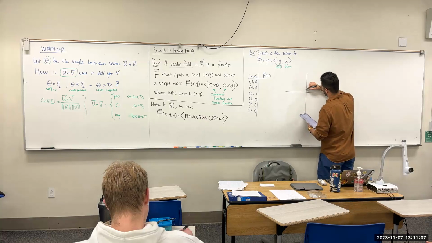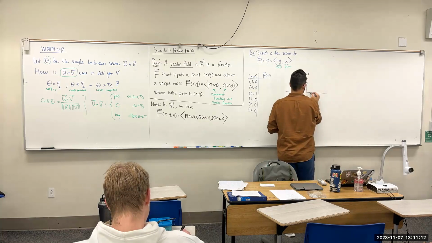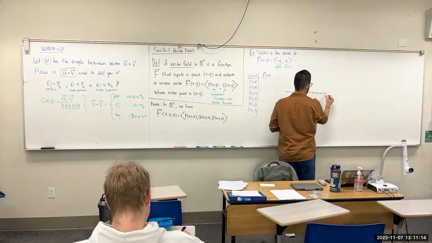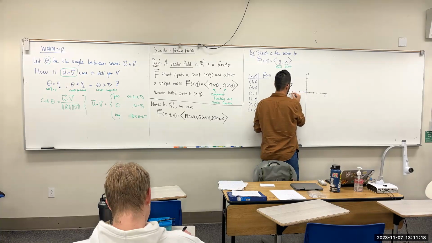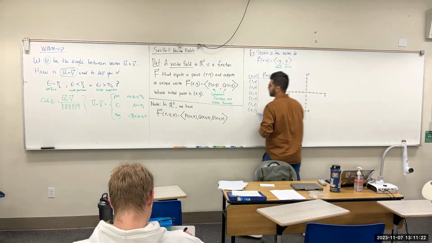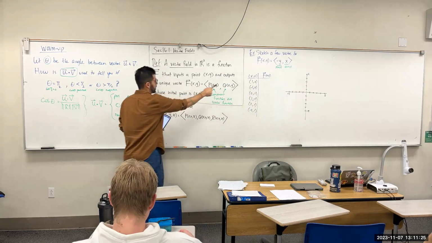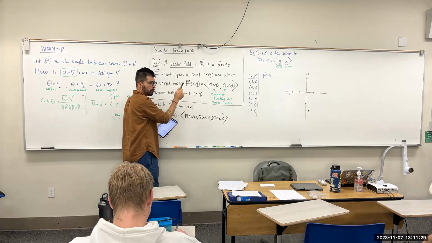Okay, so let me have you guys fill in the table. Remember how to sketch a vector, but remember that these vectors' initial point starts at the point that you plugged in.